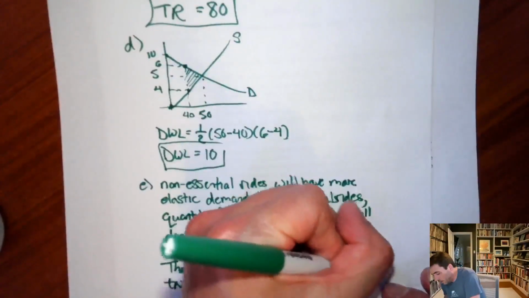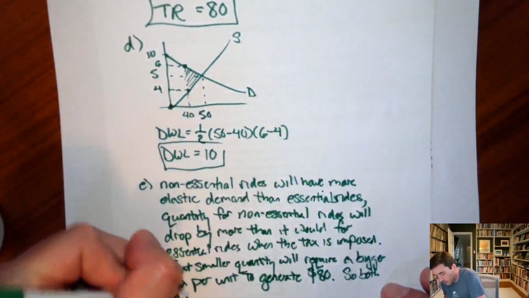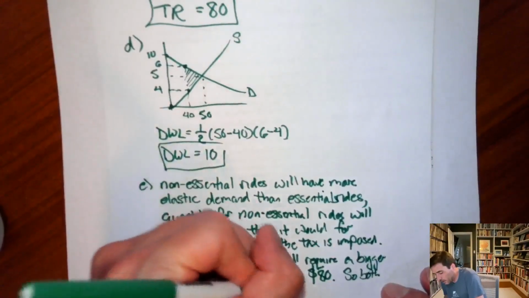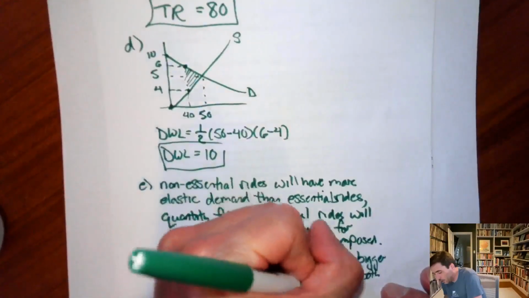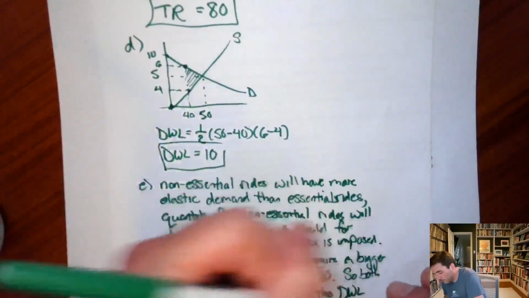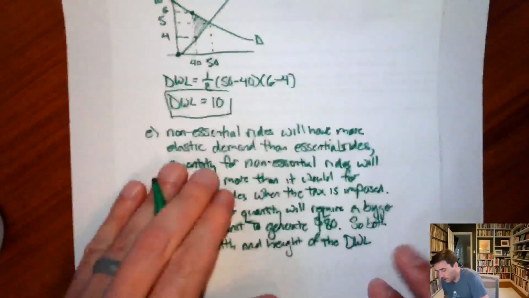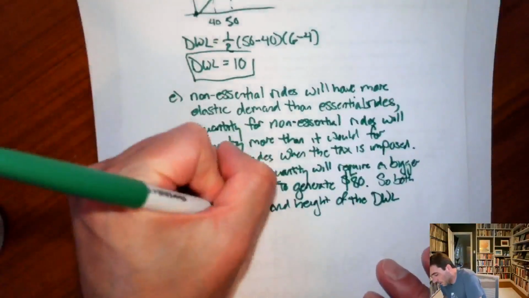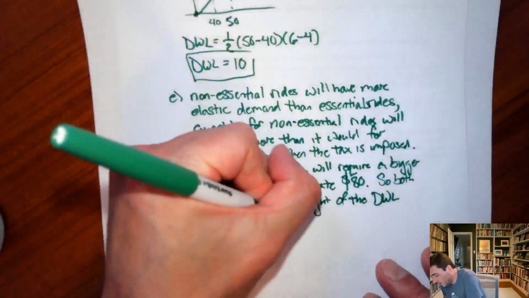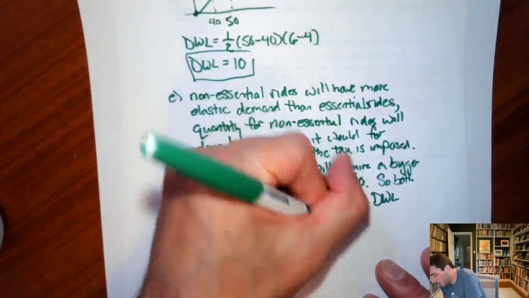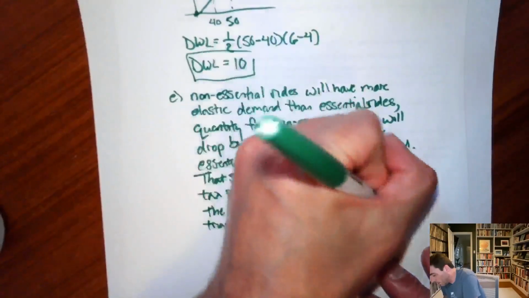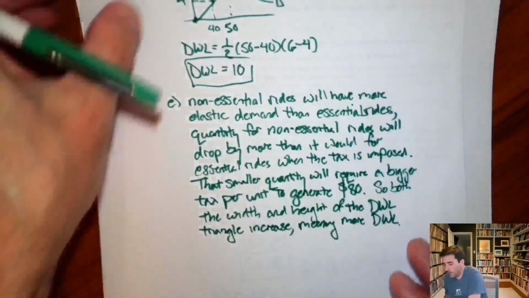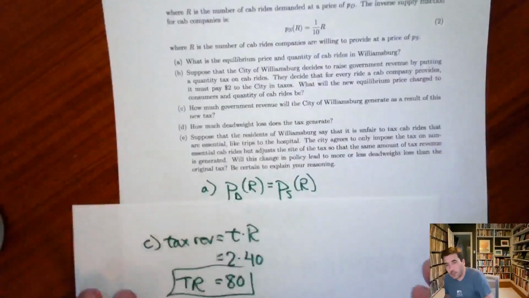So both the width and height of the deadweight loss triangle increase, meaning more deadweight loss. All right, so there's our complete reasoning for part E, and that is the last thing that we were asked to do in this question.